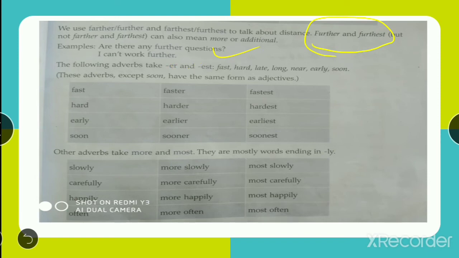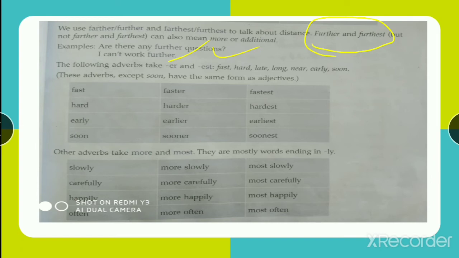Now, next, the following adverbs take er or est. Now, which are the adverbs that take er or est? Fast, hard, late, long, near, early, soon. Now, yesterday we had seen one statement, the concluding line. What was that? It said many adjectives and few adverbs end with er and est in comparative and superlative.